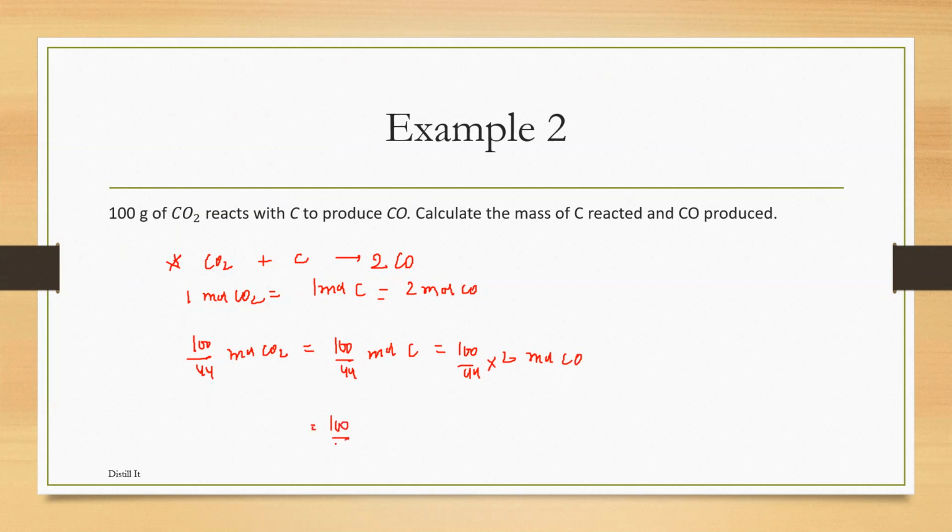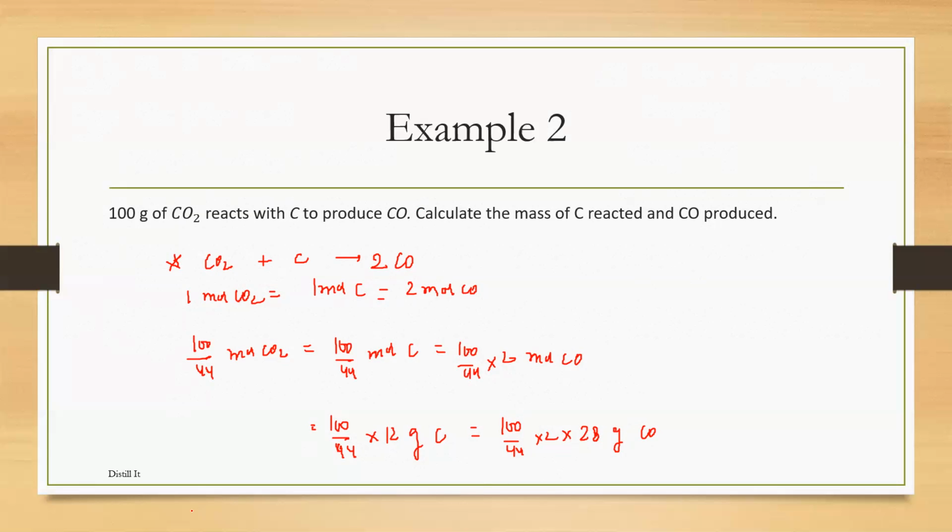That is equal to 100 by 44 into 12 grams of carbon, which is equal to 100 by 44 into 2 into 12 plus 16, that is 28 grams of carbon monoxide. All right.